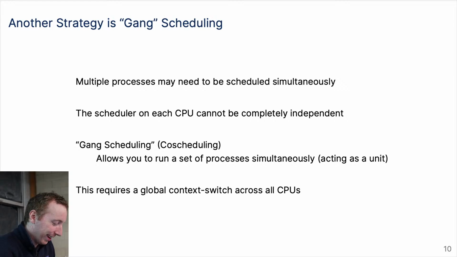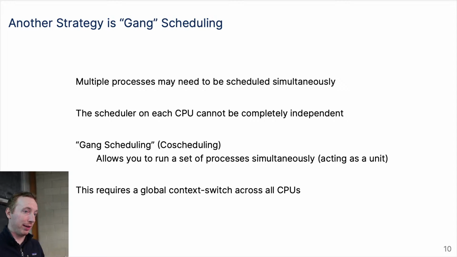Another strategy, with a kind of unfortunate naming convention, is called gang scheduling. This is more for high performance computing. You might have multiple processes and want to schedule them all as a single unit, simultaneously. So the scheduler on each CPU can't be completely independent if I want to run all the processes at the exact same time.